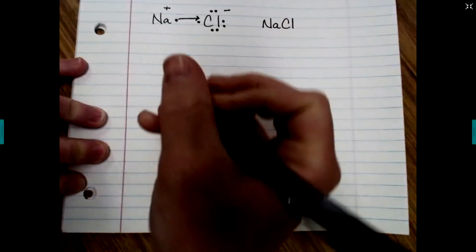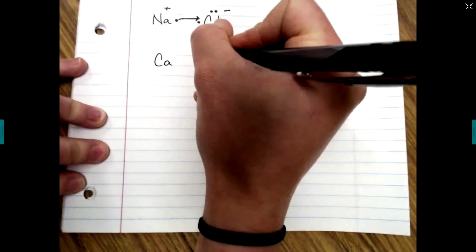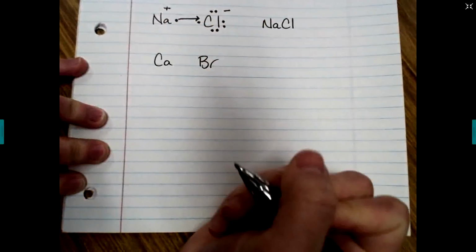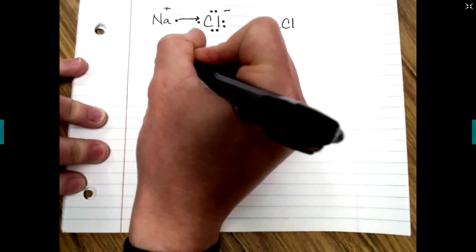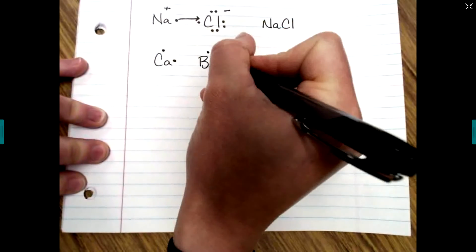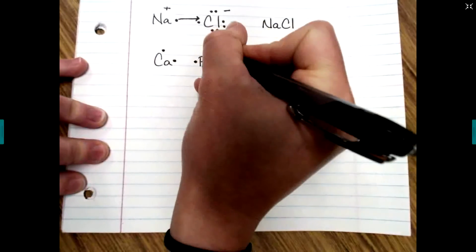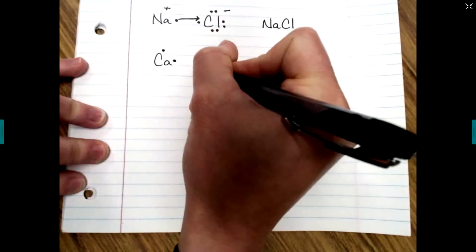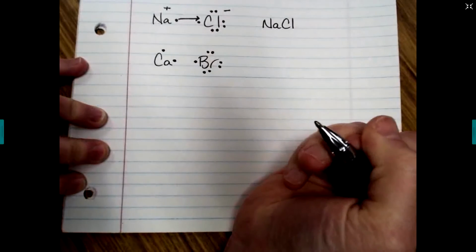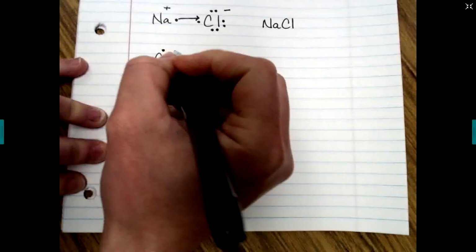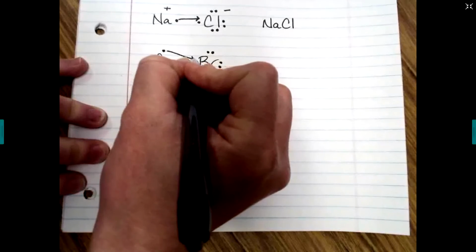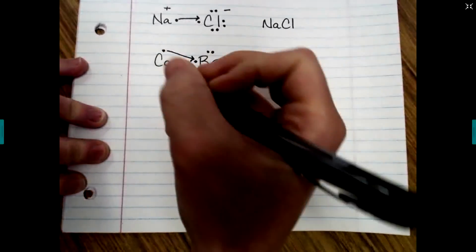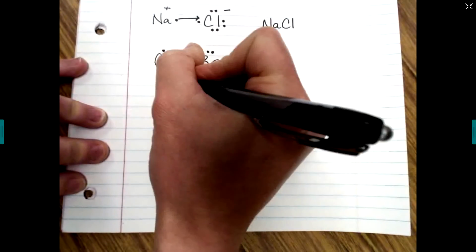To give you another example, if we were to bond calcium and bromine, calcium has 2 valence electrons, bromine has 7. So you can see that calcium needs to lose 2 electrons. Well, bromine can only accept one of those electrons. So you're going to have to draw another bromine.